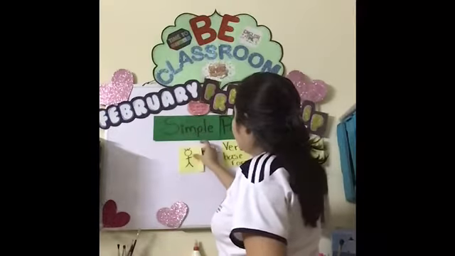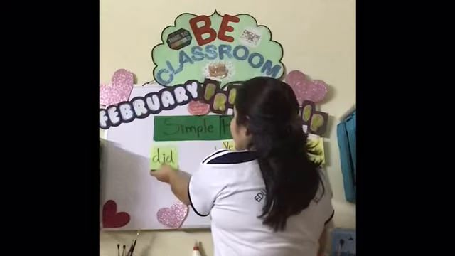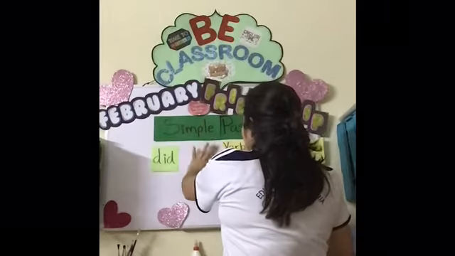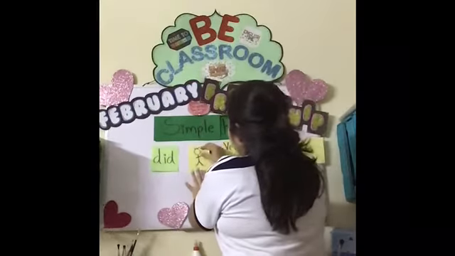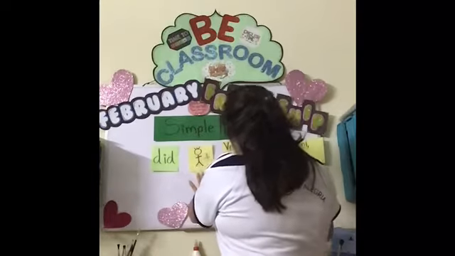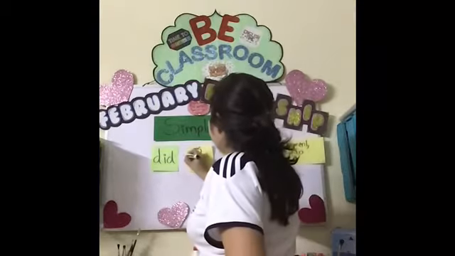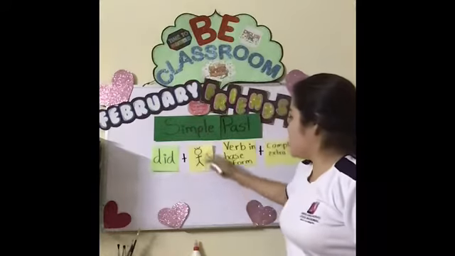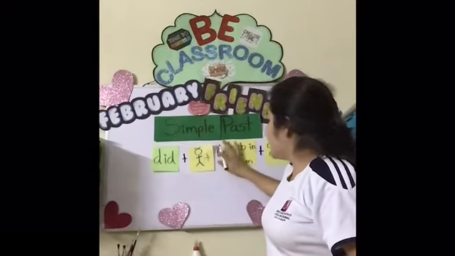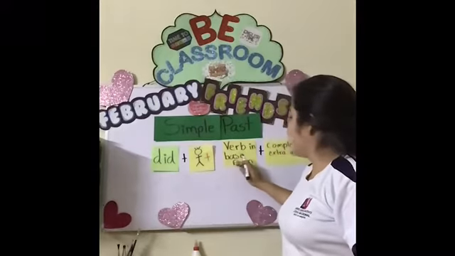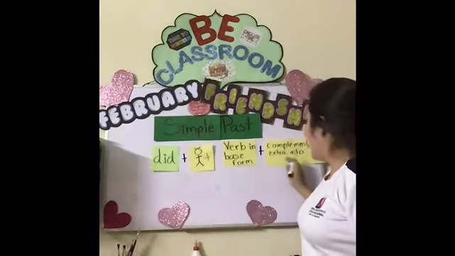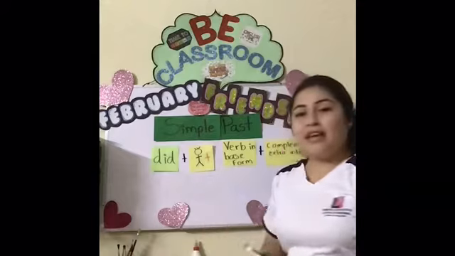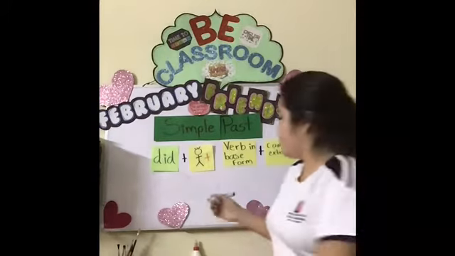First is our auxiliary verb. And then we have our subject here. Did is our auxiliary in simple past. Then we have the subject plus verb in the base form and the complement. In this case, we'll use the same examples.